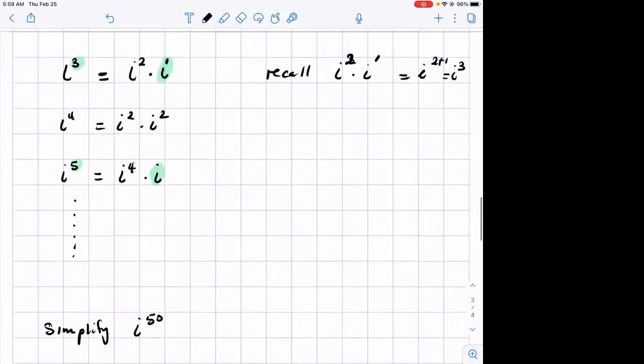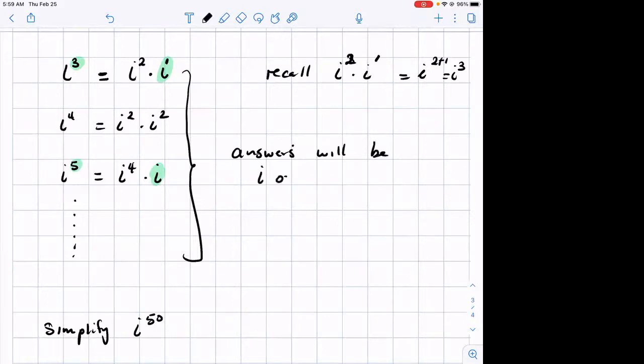And just to go back for a second, any one of these results will be i or minus i or 1 or minus 1. Those are your only 4 choices for answers.